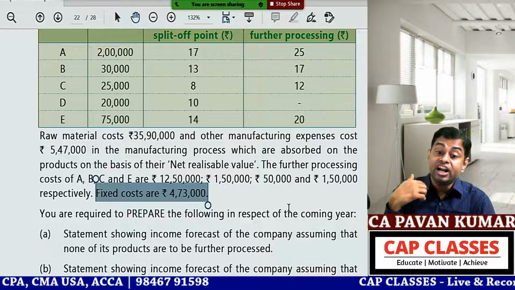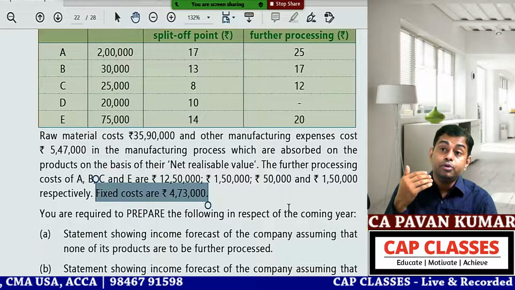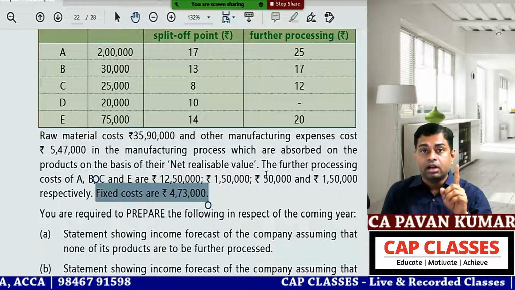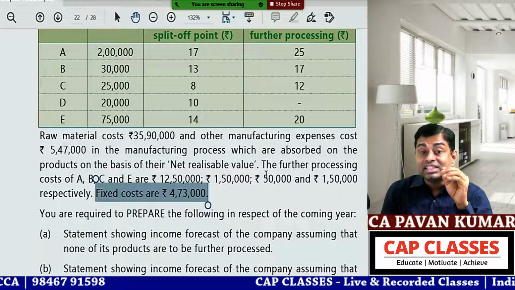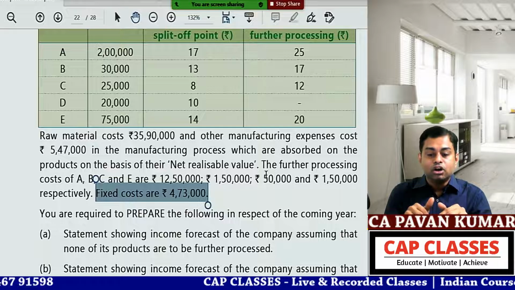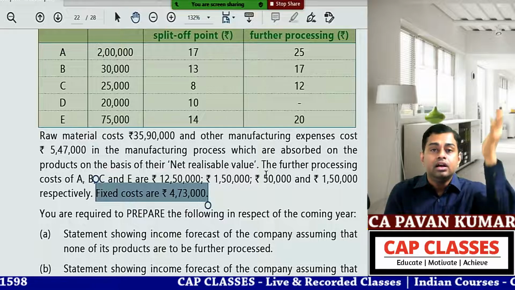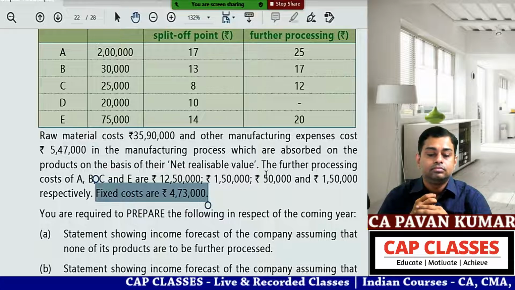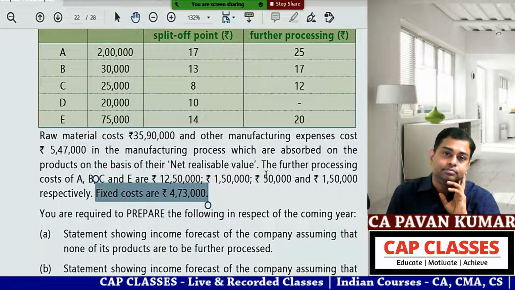No, that is a different method. We are applying net realizable value. Remember, joint costs will be apportioned, not fixed cost. Is this fixed cost a joint cost? We don't know. Maybe it could be the rent of your factory. That is not a process cost.